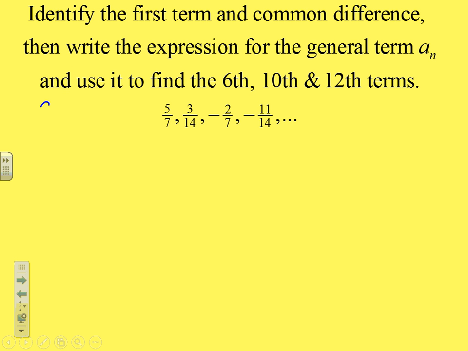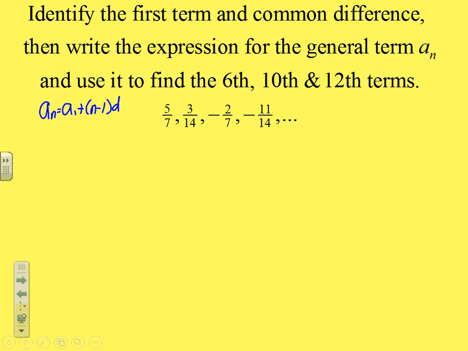The a sub n is equal to a sub 1 plus n minus 1 times the common difference, because we're being asked to identify the 6th, 10th, and 12th terms. Because they're not consecutive, like 1, 2, 3, 4, adding the common difference up until whatever we need isn't always very feasible.